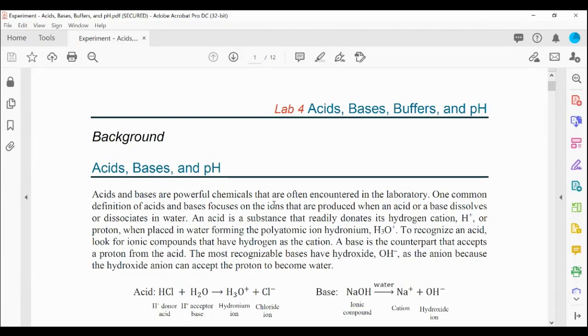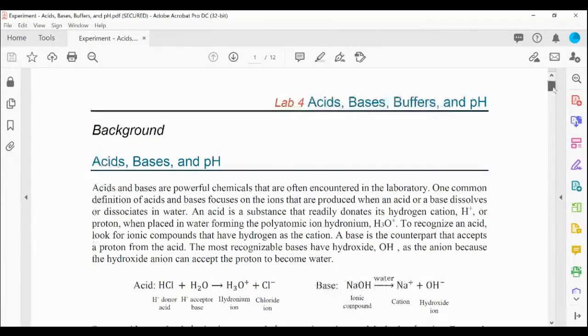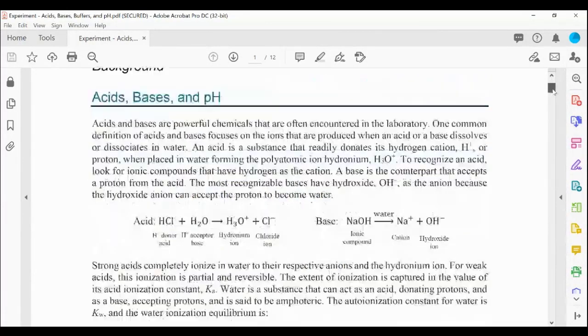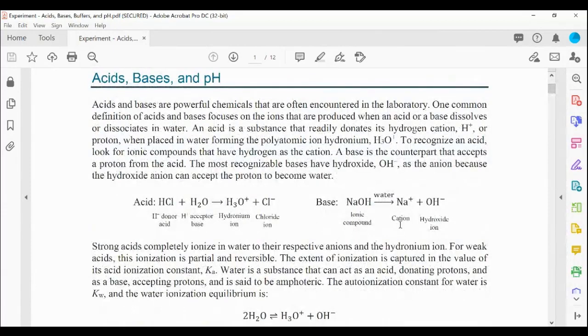So let's start by looking at the write-up of this experiment: acids, bases, and pH. The first thing we can see is two equations. First we need to learn how to recognize an acid, in this case HCl.